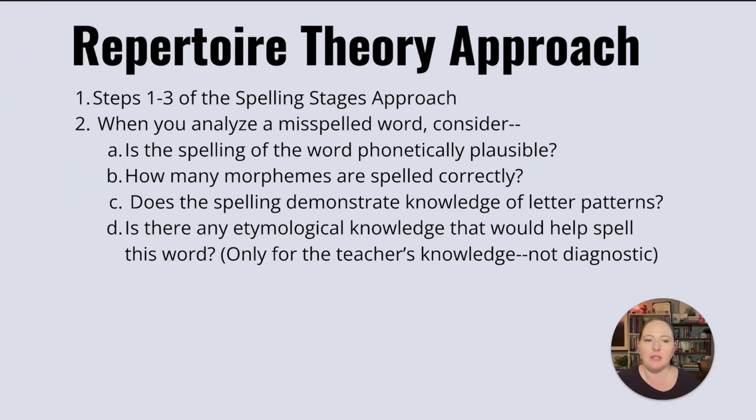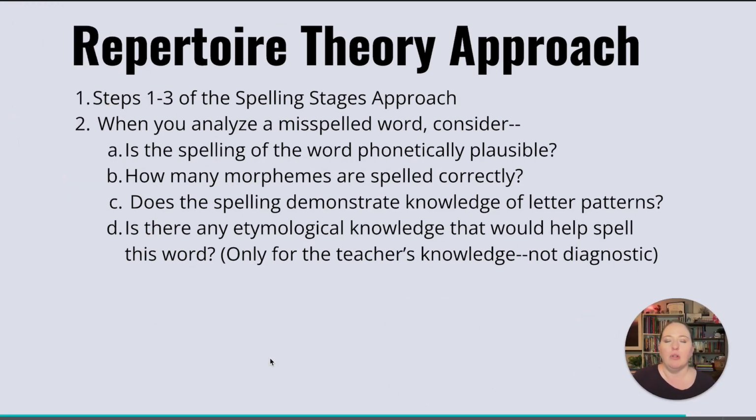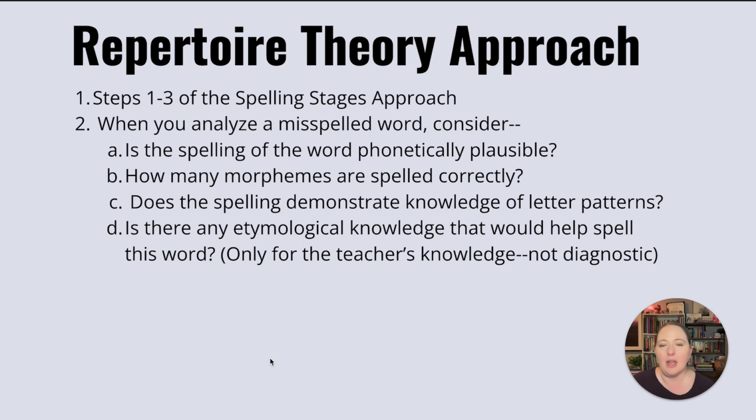Okay. So the repertoire theory approach would be the same thing. You would need to have the same 3 first steps. You've got to either look at their writing, or have an inventory, or have some sort of assessment so that you can analyze errors. But how you analyze the errors is not for what stage they're at, but more about thinking ahead about what phonics they are using. If they have a word error that is plausible, it's just not really how the rule works, you want to note that.